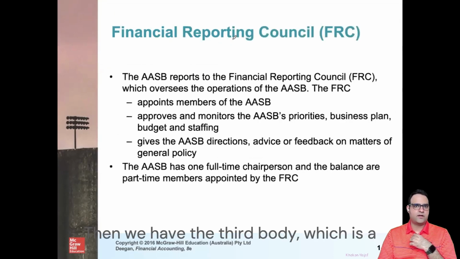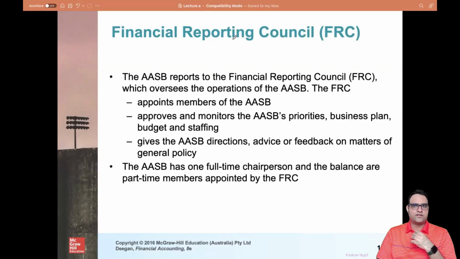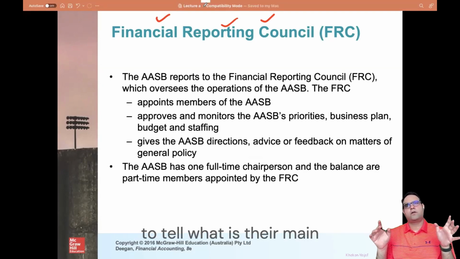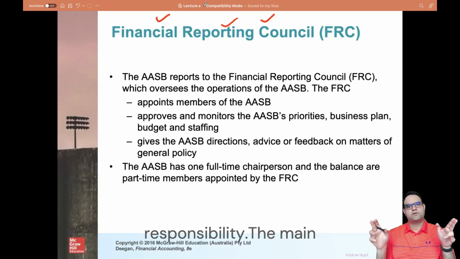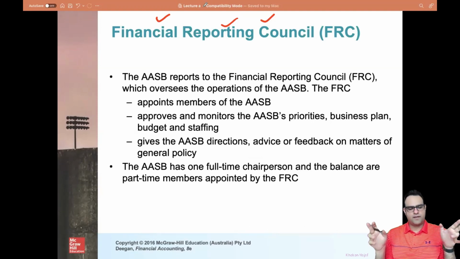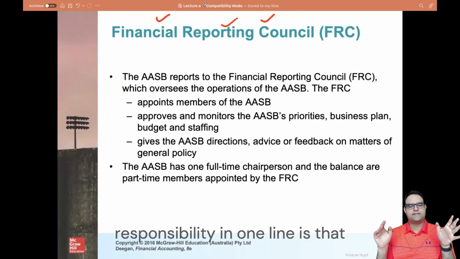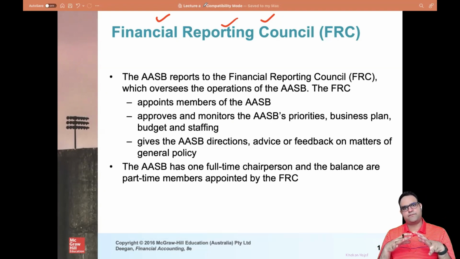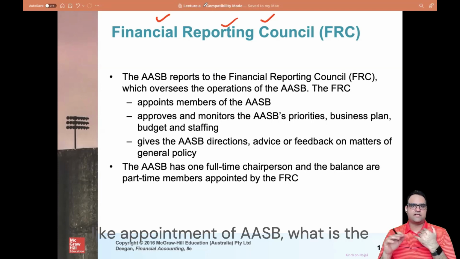Then we have the third body, which is the Financial Reporting Council. If I want to tell their main responsibility in one line, it is that they oversee the actions of the AASB. The AASB is like an appointment of the FRC.